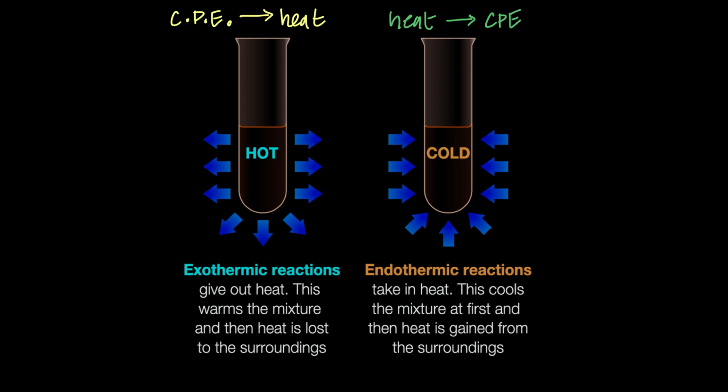It's like holding ice. Ice is cold, and an endothermic reaction is cold. The reason it feels cold is because it starts absorbing heat from your hand, and then that heat is converted to chemical potential energy of the reactants. That's what's happening in endothermic and exothermic reactions.